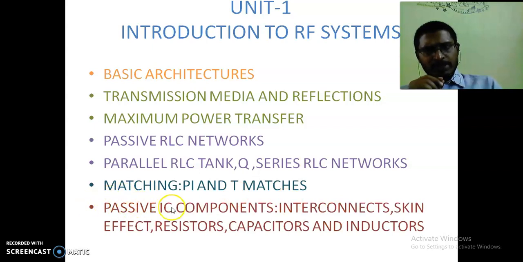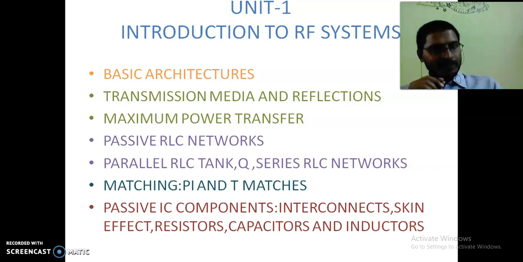Next, last, passive IC components and interconnects. The best examples of passive IC components are resistors, capacitors and inductors. A resistor opposes the flow of electrons in a conducting medium. A capacitor stores energy in an electrostatic field. An inductor stores energy in a magnetic field. So what is skin effect? The tendency of alternating current to confine to the skin of the conductor, that means the surface of the conductor.